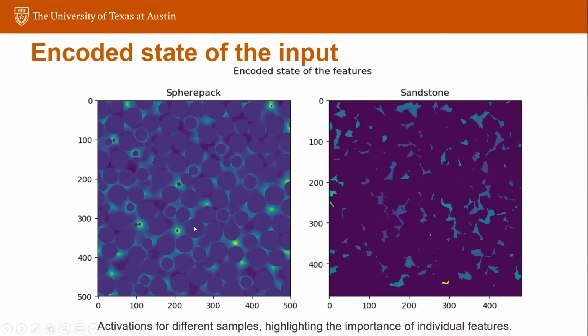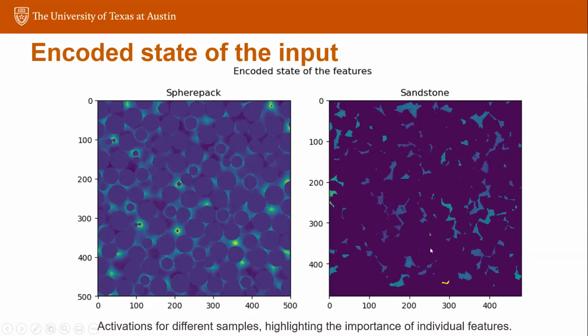And you can see that the neural network is saying, hey, pay close attention to kind of Euclidean distance, right? We can see that there's more weight towards the center of the pore. In contrast, when we feed a sandstone, the neural network doesn't take into account that much the Euclidean distance.